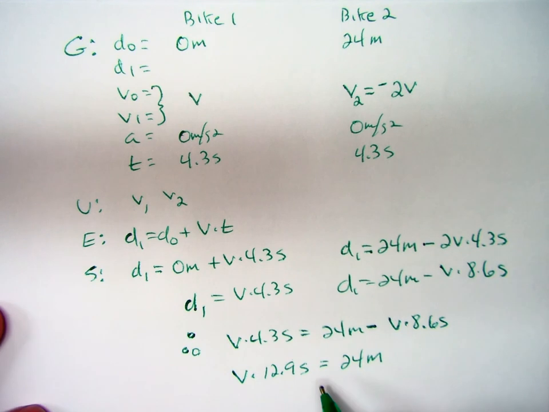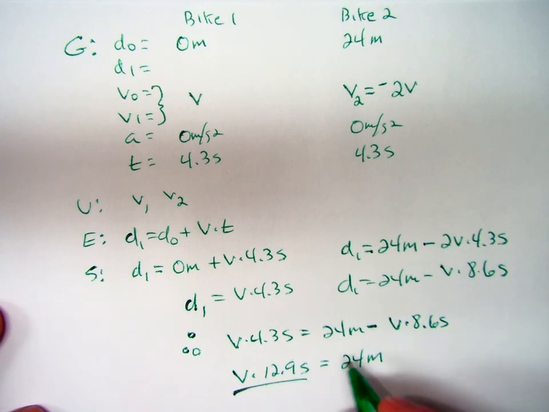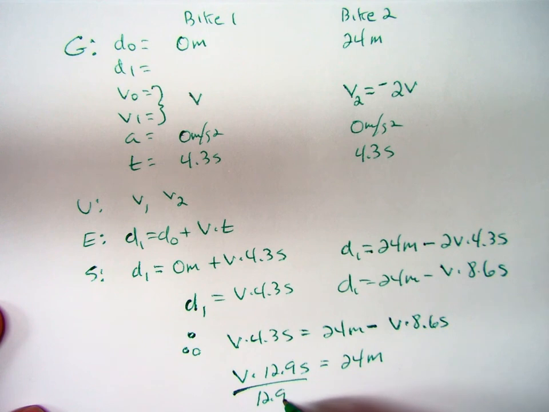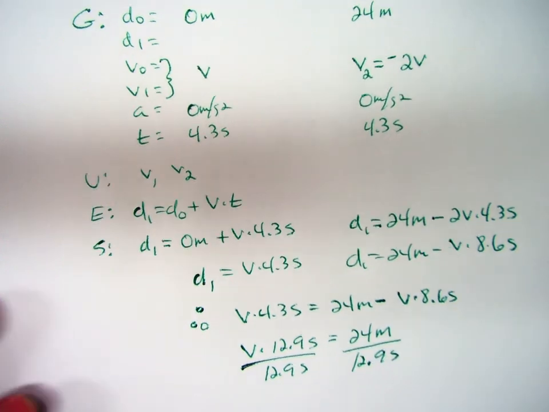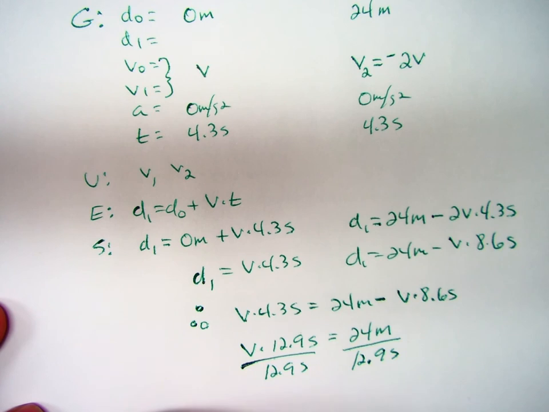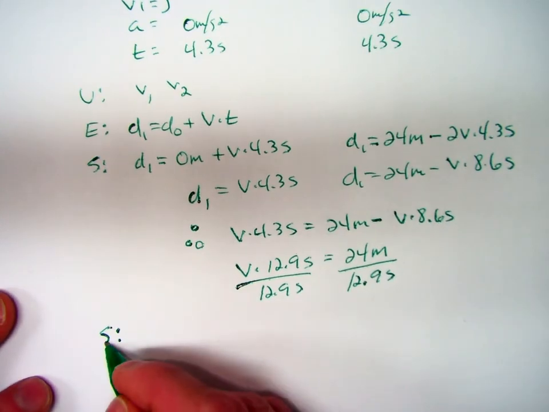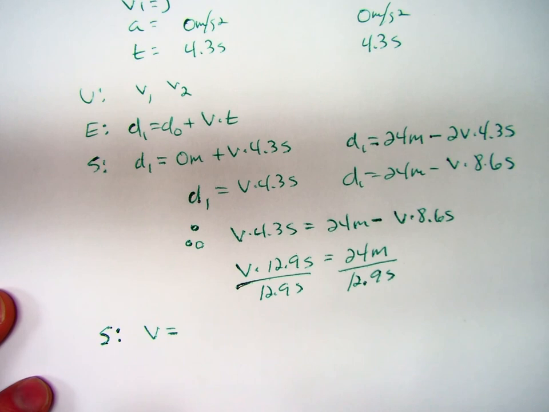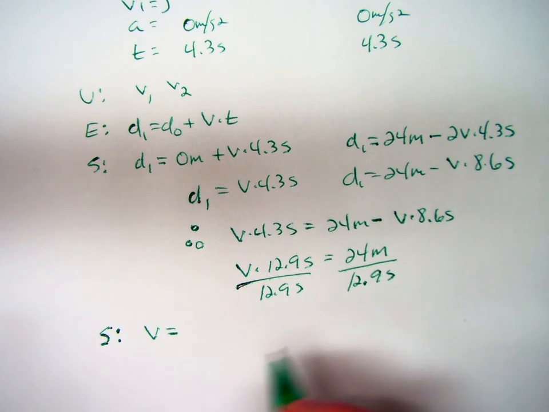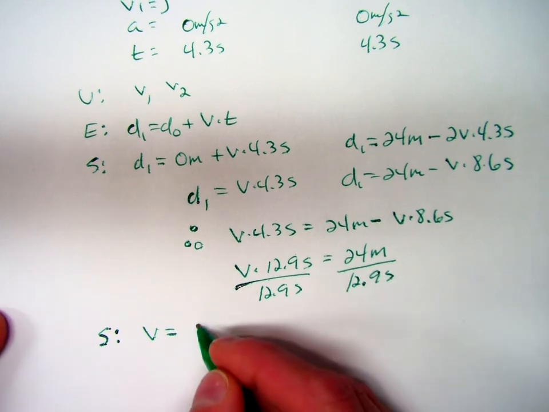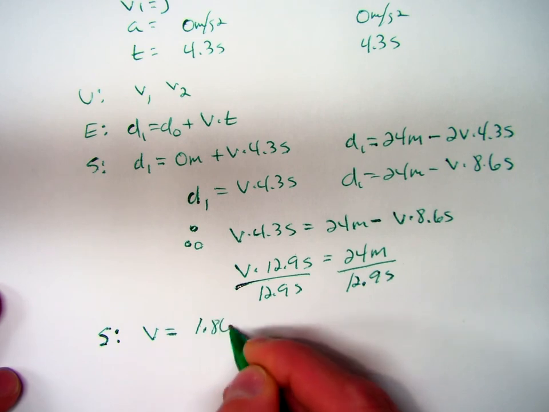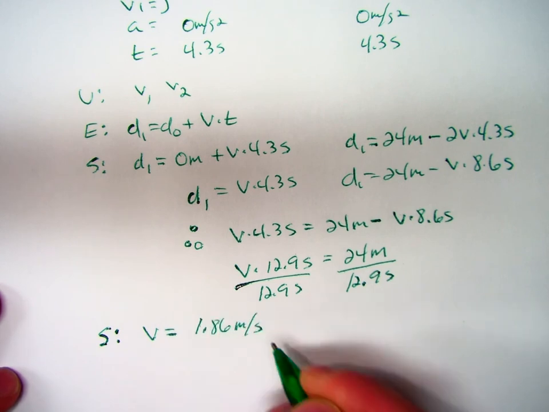And I'm going to divide both sides by 12.9, and I end up with V is equal to 1.86 meters per second.